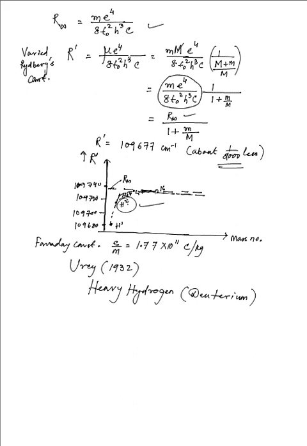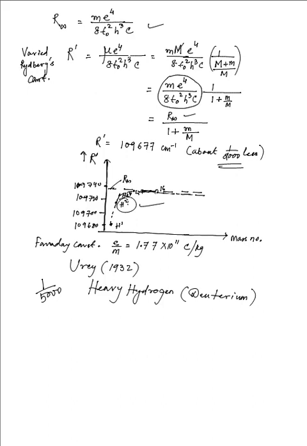The availability is usually 1 in 5,000 parts for a given hydrogen sample. So that is the heavier isotope of hydrogen, and it has been obtained by the finite mass correction.